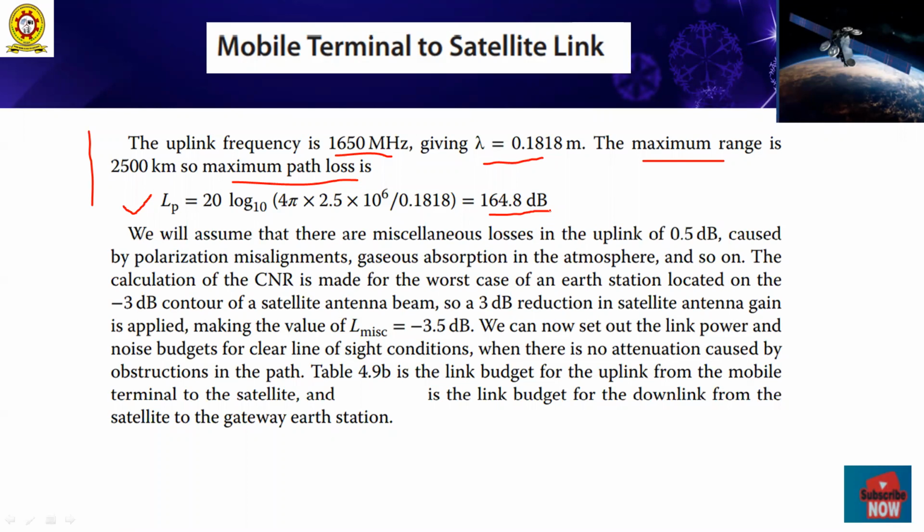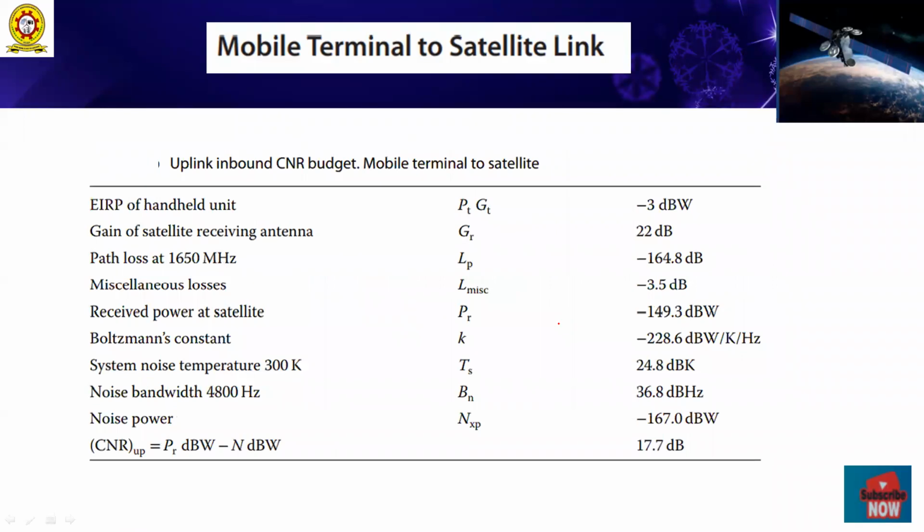So we will assume there are various losses that are automatically encountered with this C by N, or simply CNR. So by using all the demonstrated information, let us design a budget sheet from our previous analysis.